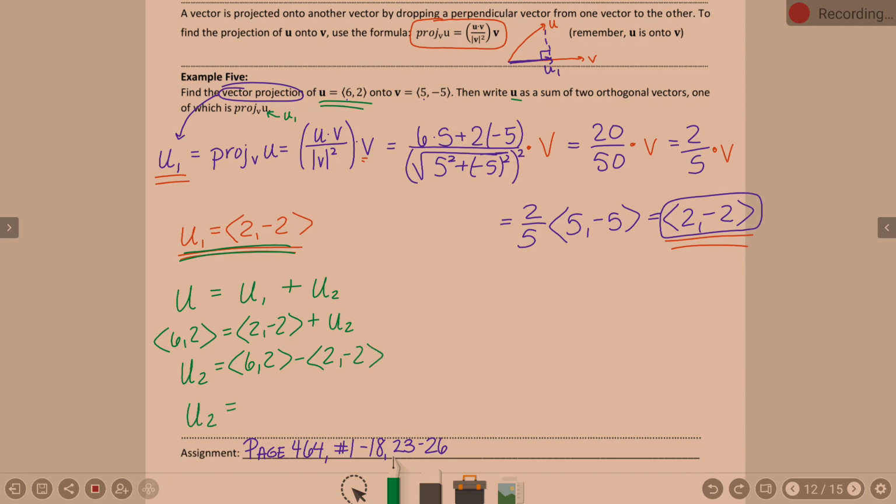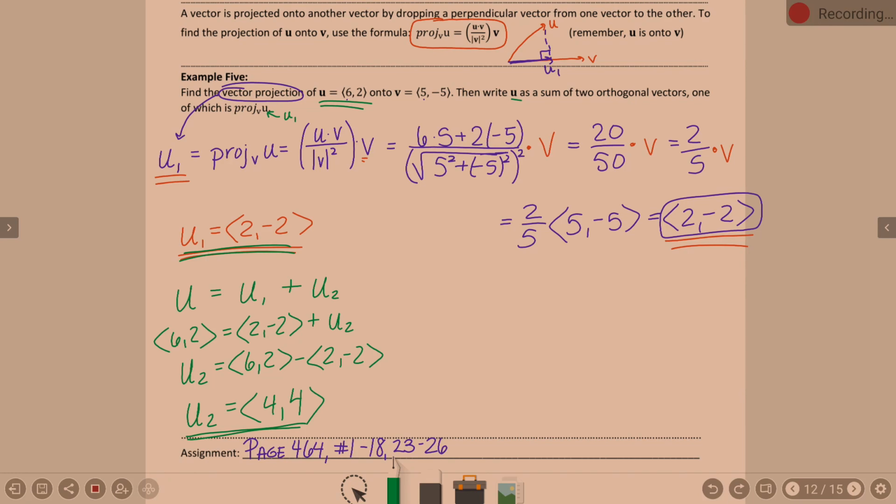So u2 becomes what? We are subtracting. 4, 4. 6 minus 2 is 4. 2 minus -2 is also 4. Now, almost there, we just have to write our final answer. It said, write u as a sum of two orthogonal vectors.